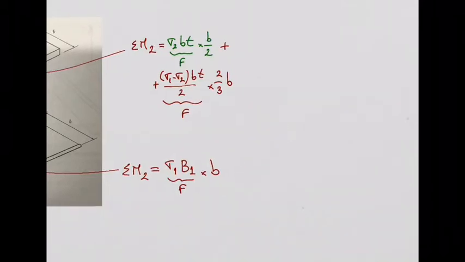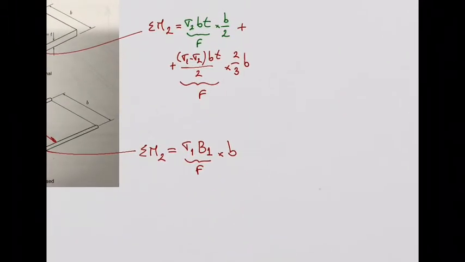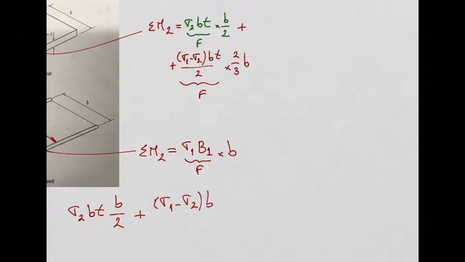I think I will not have space there, so I will continue here in the bottom, okay? So I will have, from this first equation, sigma 2 bt times b over 2 plus sigma 1 minus sigma 2 bt times 2/3 b. So this is for the real structure.